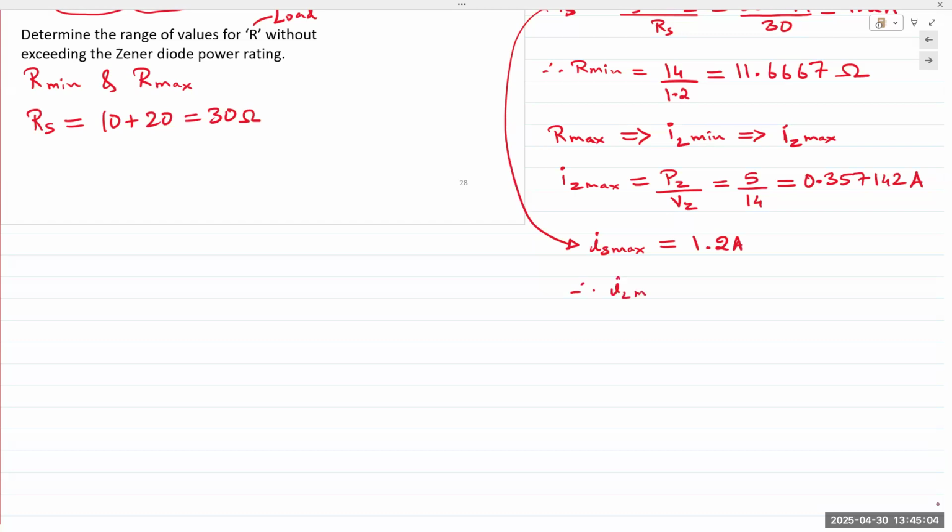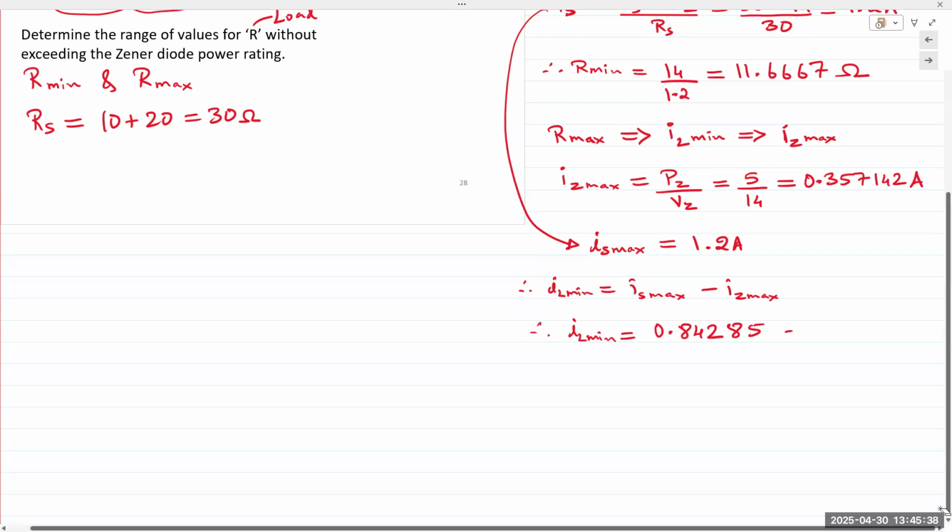Therefore, IL min is IS max minus IZ max, which is equal to 0.842858 amps.